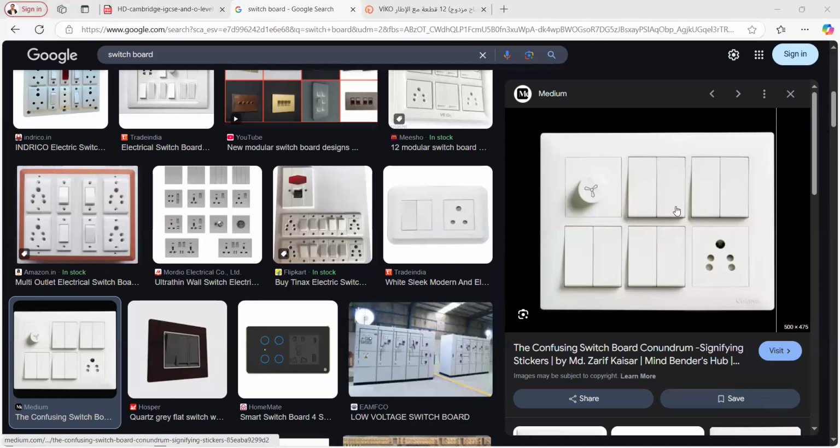Sir, to turn on the light or turn on a fan. Okay. And what options does this switchboard have? Sir, if you press it on, it is on, which is one. And if you press it off, it will be zero, right? Yes.